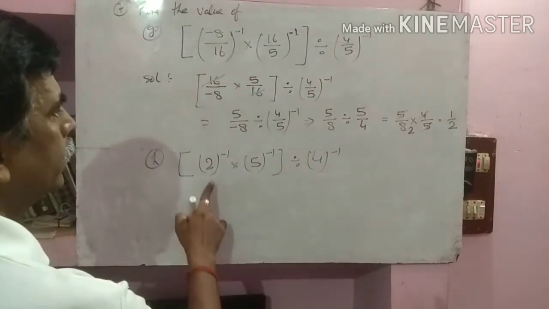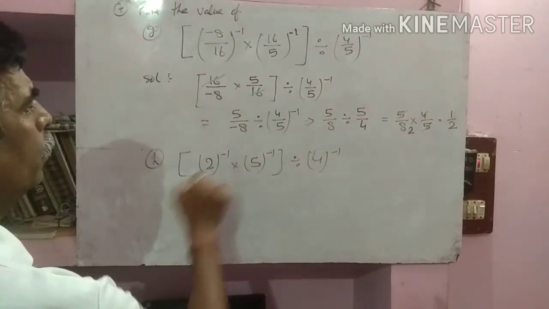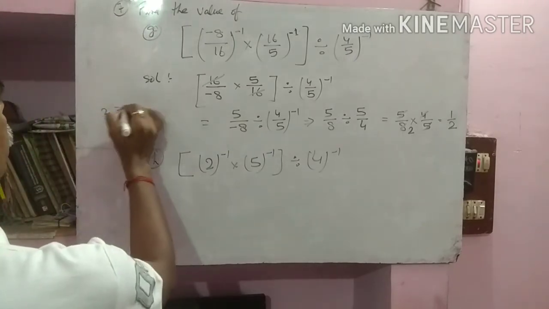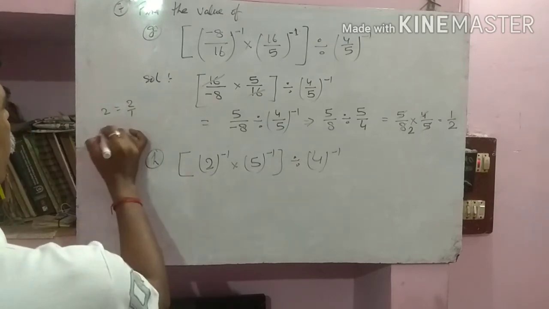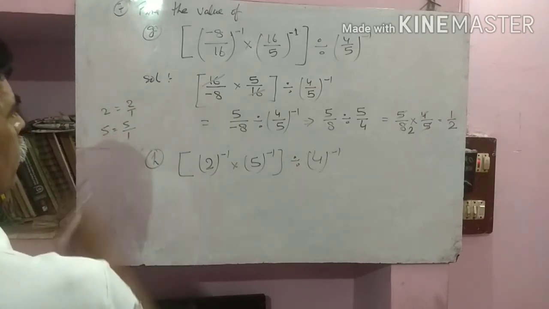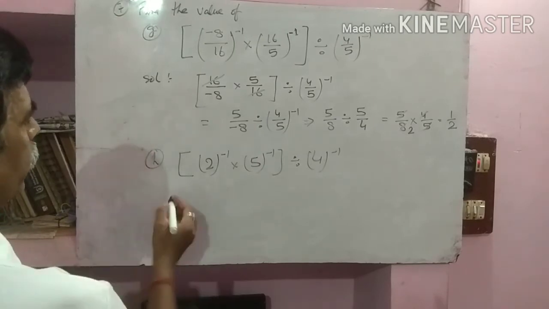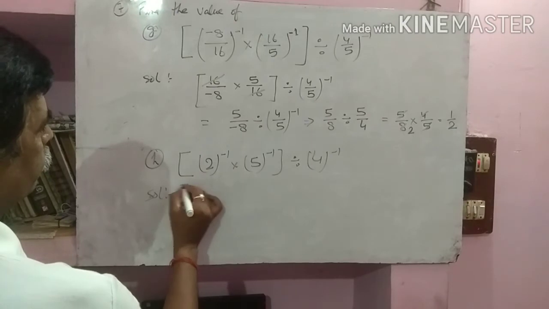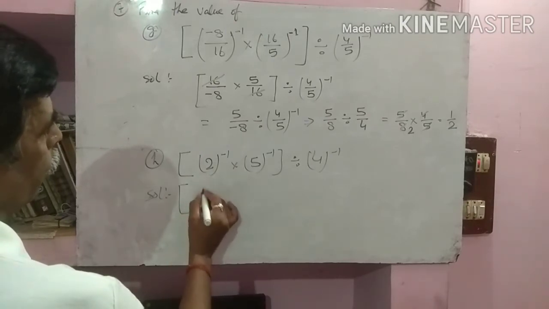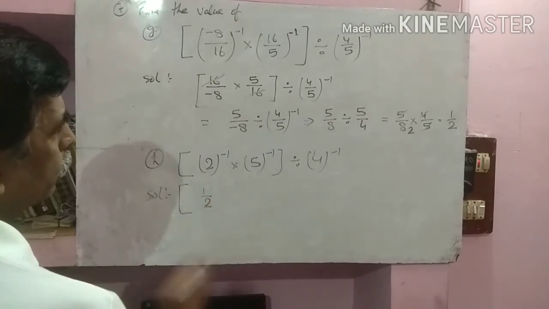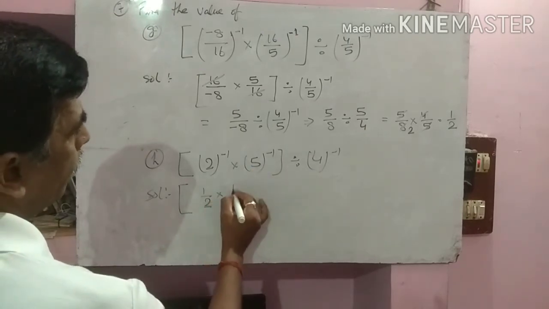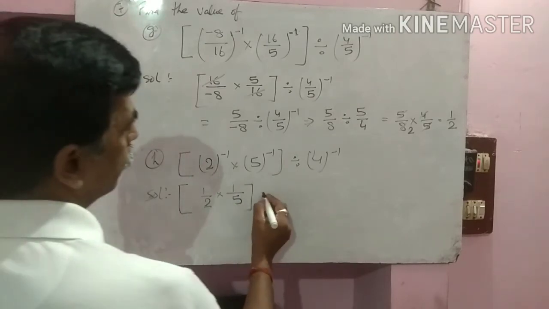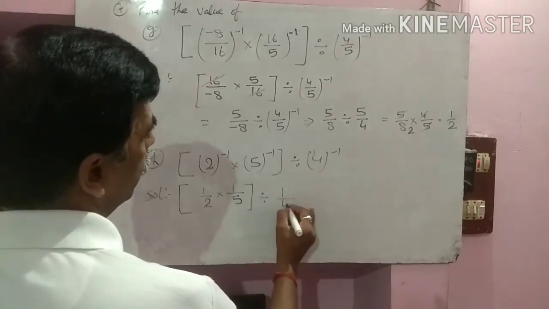Okay. See this question. 2 to the power minus 1. Suppose 2 is written here. 2 means it's 2 by 1. 5 means it's 5 by 1. So if you solve this question, it becomes 1 by 2 and this becomes 1 by 5 divided by 1 by 4.